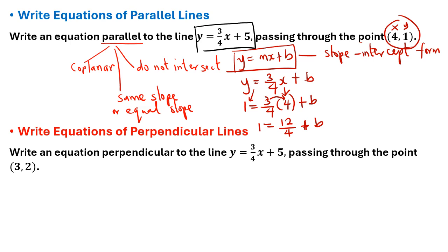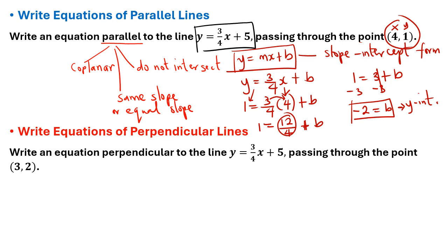So we have 1 equals 3 plus b, and we need to subtract 3 from both sides. We have negative 2 equals b. This means that this is going to be the y-intercept for the equation that you're going to write.